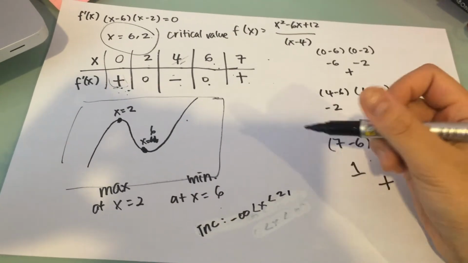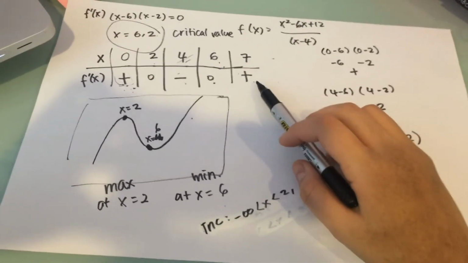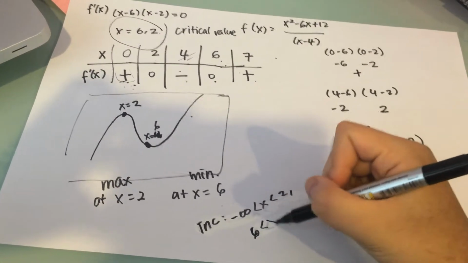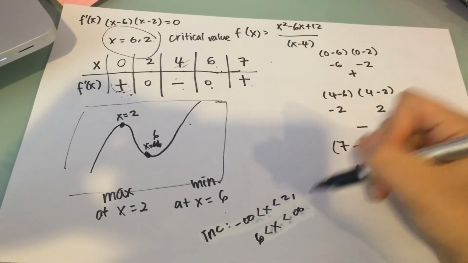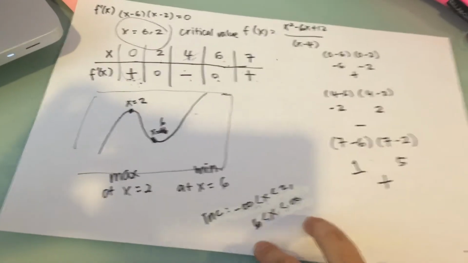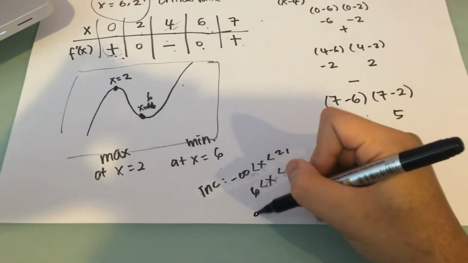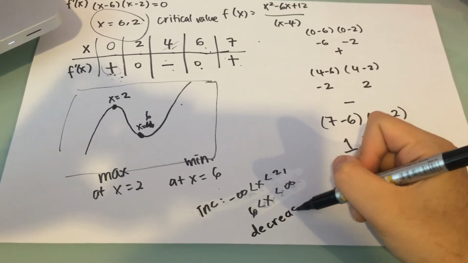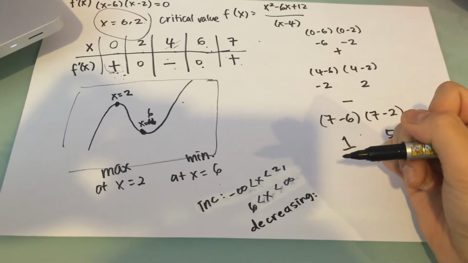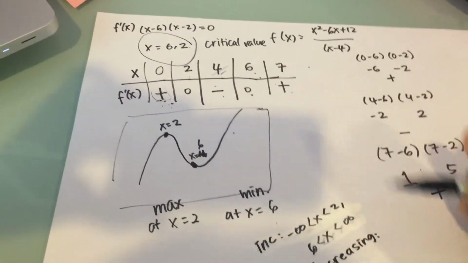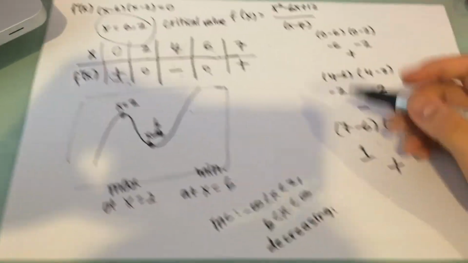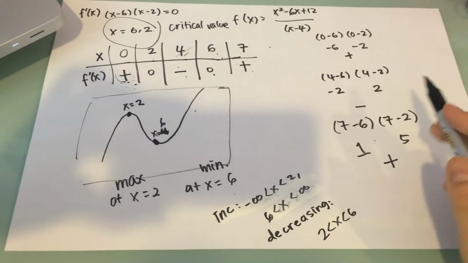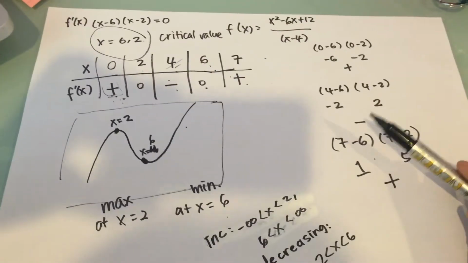And then don't forget the other interval, greater than 6, but we cannot exceed infinity, so between 6 and infinity. And decreasing is between 2 and 6.